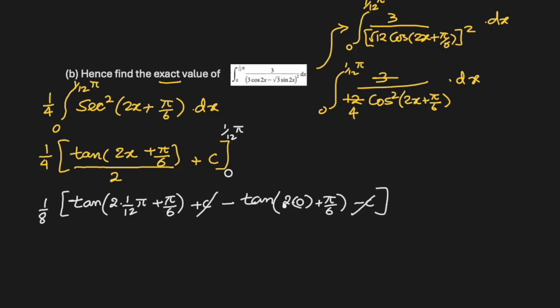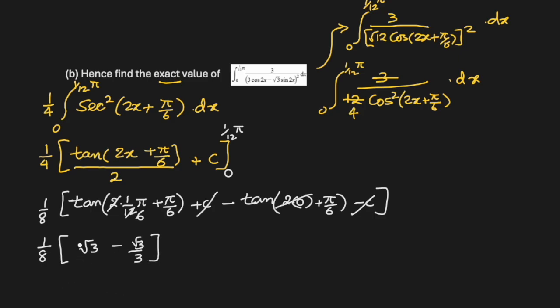I have a habit, so I'm just skipping it because ultimately they get cancelled out, so there was no need to write c, but I do that. Okay, 1 over 8, this cancels out, so pi by 6 plus pi by 6 is pi by 3. Tan pi by 3 is square root 3, minus tan pi by 6, which is 1 over square root 3, we can write square root 3 over 3, and that's it.